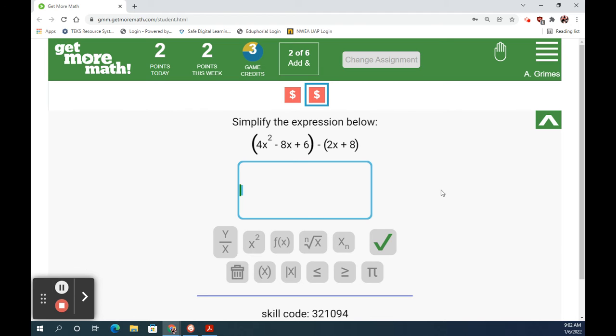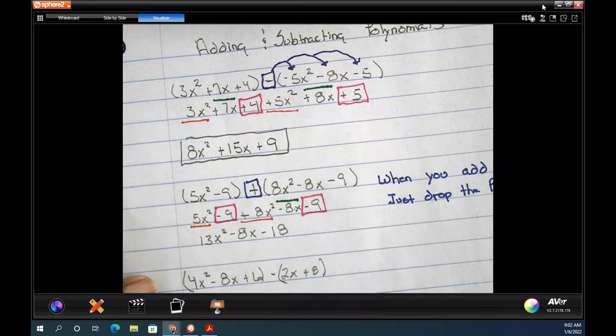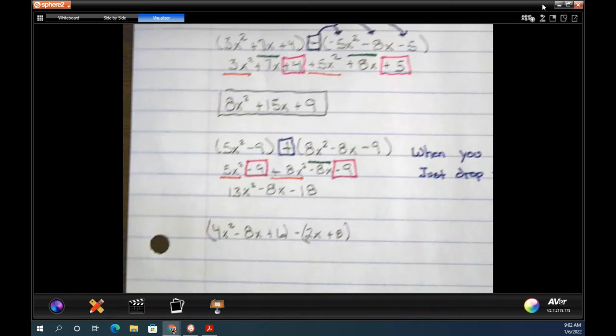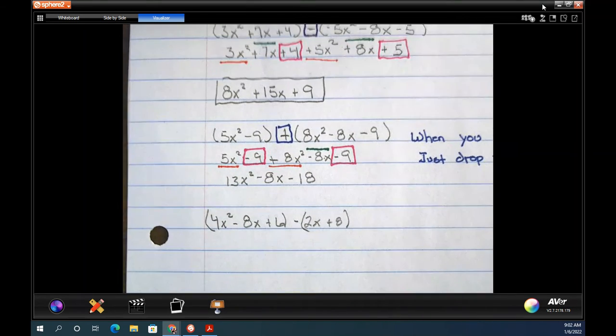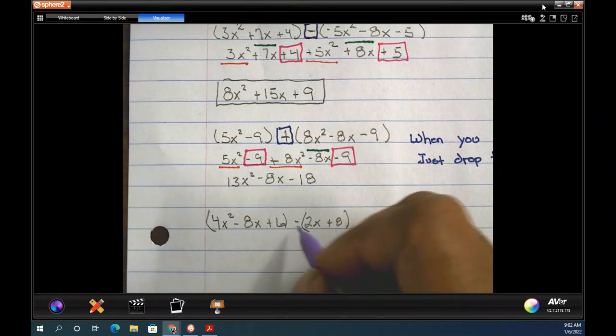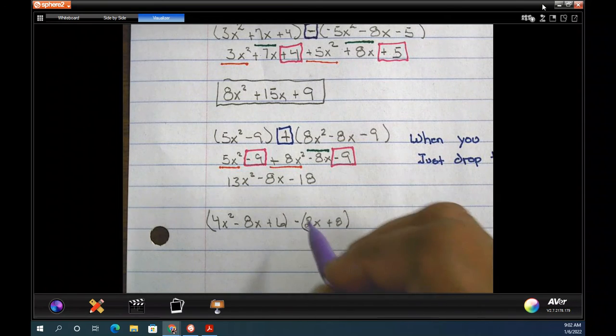4x squared minus 8x plus 6, all in parentheses, minus (2x plus 8) in parentheses. Okay, there it is, right there. What did I tell you have to do with the minus when it's subtraction?